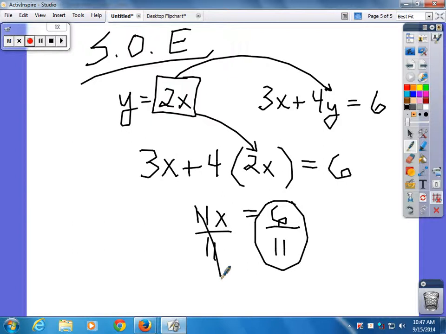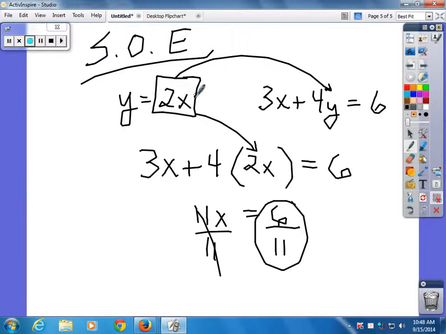Basically what? Substitution. Everybody remember doing that? Wherever there's a y, since y is equal to 2x, take that 2x and plug it into that y. If y is equal to 2x, then can I substitute that 2x in for this y?